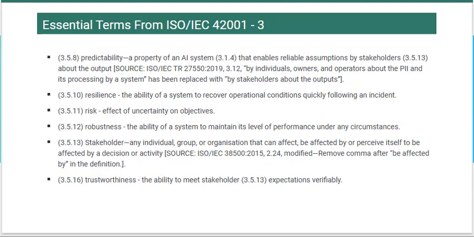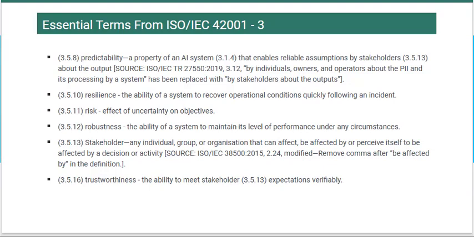3.5.10, resilience, the ability of a system to recover operational conditions quickly following an incident. 3.5.11, risk, effect of uncertainty on objectives. 3.5.12, robustness, the ability of a system to maintain its level of performance under any circumstances. 3.5.13, stakeholder, any individual, group, or organization that can be affected by or perceive itself to be affected by a decision or activity.